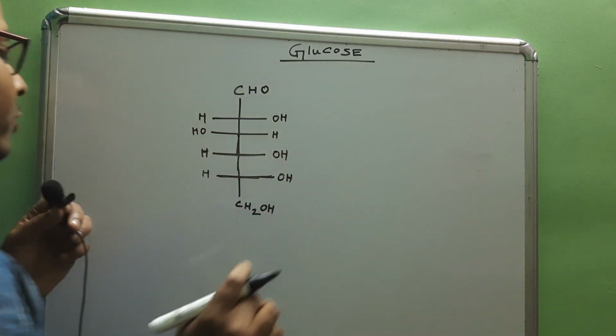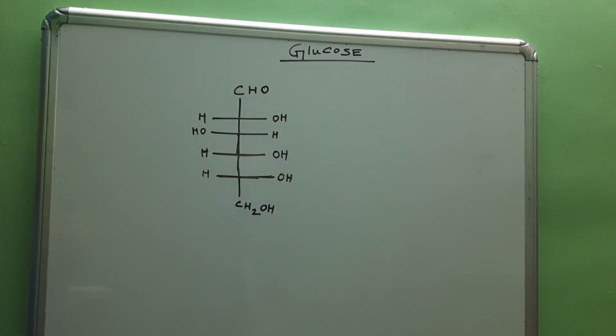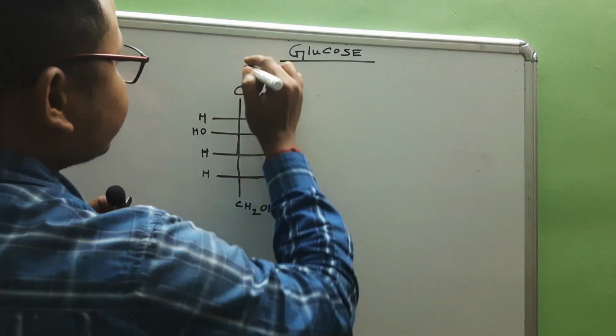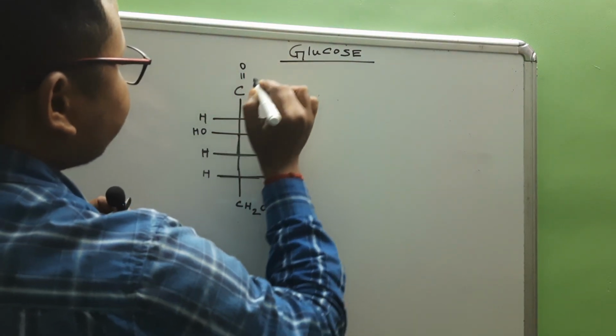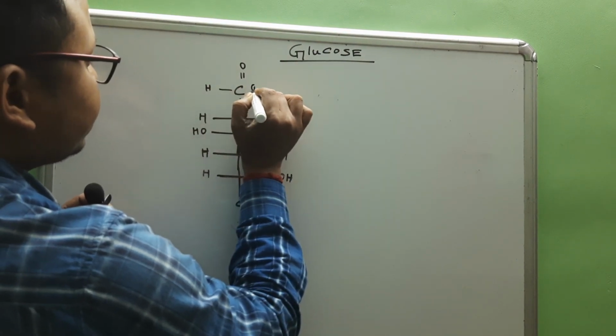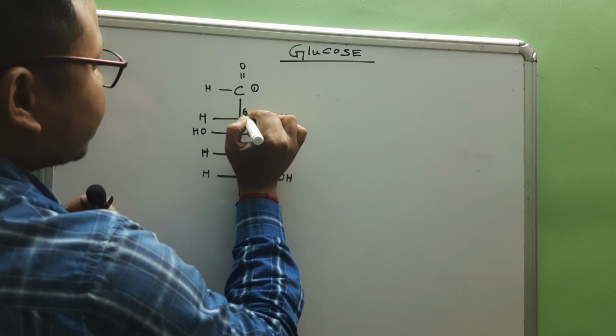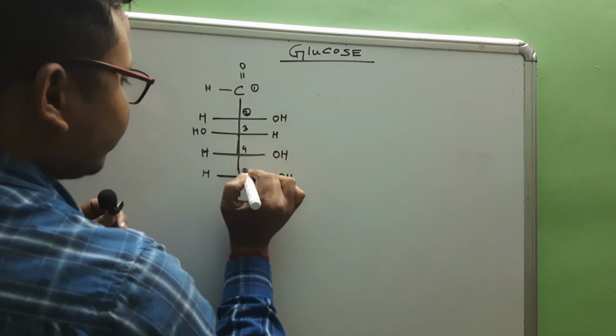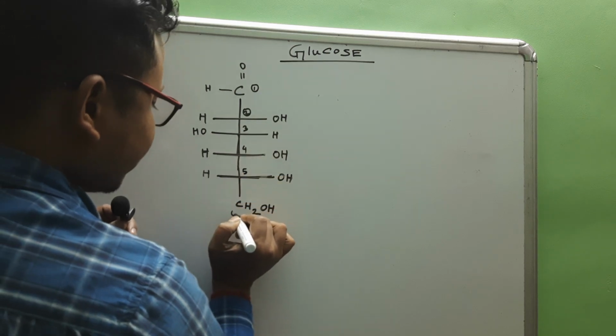So look, there are a total of 6 carbon atoms in a glucose molecule. This is the first carbon atom, this is second, third, fourth, fifth, and this is the sixth carbon atom.